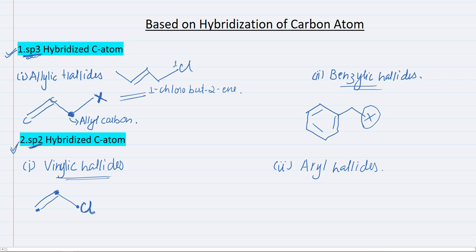Moving on, if you have your aryl halides. Now what are aryl halides? These are compounds containing halogen atom bonded to the sp2 hybridized carbon atom of an aromatic ring. The same concept goes for your aromatic ring.